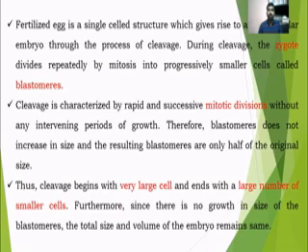Such cells formed mitotically in the zygote or fertilized egg are known as blastomeres. So remember one thing: the blastomeres are nothing but the cells formed inside the fertilized egg during the formation of the zygote. So cleavage is characterized by rapid and successive mitotic divisions without any intervening period of growth. Means what? Okay.